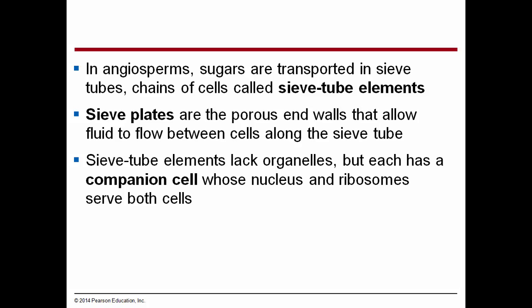Okay, in angiosperms, sugars are transported in sieve tubes, chains of cells called sieve tube elements. Sieve plates are the porous end walls that allow fluid to flow between cells along the sieve tube. Sieve tube elements lack organelles, but each has a companion cell whose nucleus and ribosomes serve both cells.